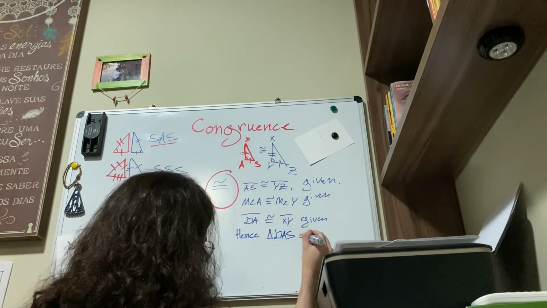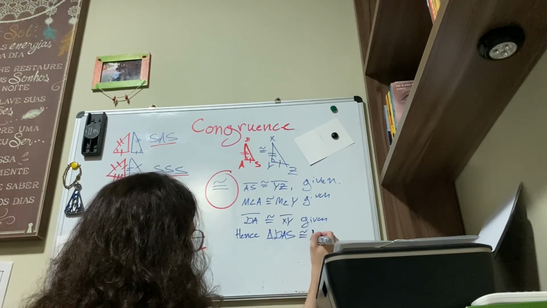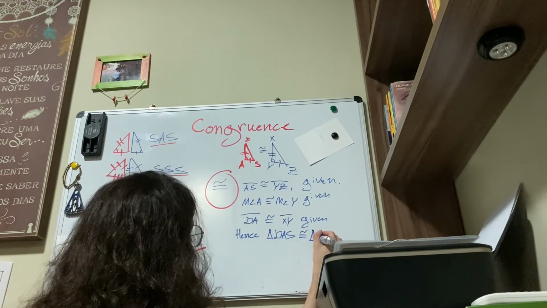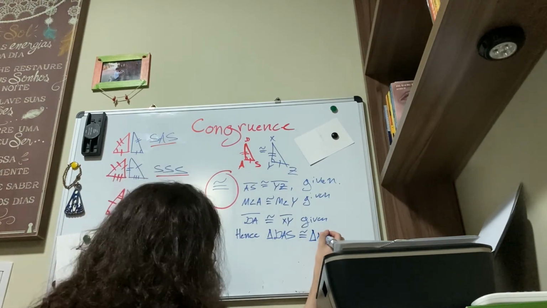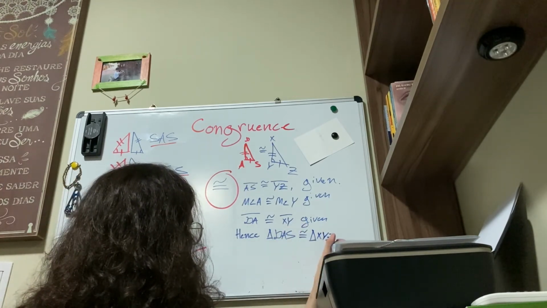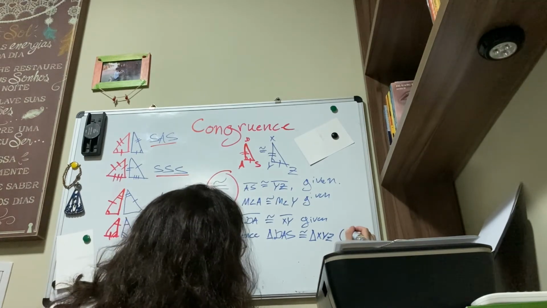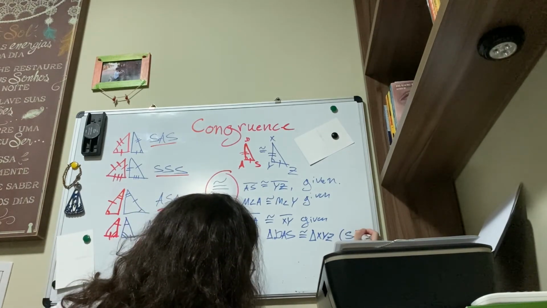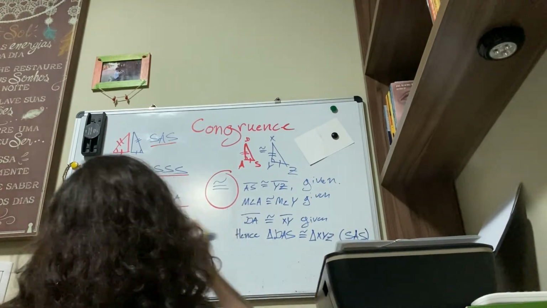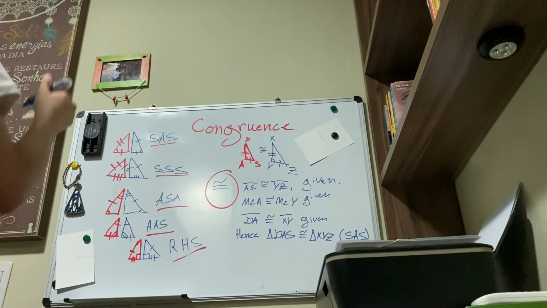DAS is congruent to triangle XYZ. And then for the reason, you're going to write side, angle, side. Or, you know, whichever one you used. But here, it's side, angle, side. It's pretty obvious.